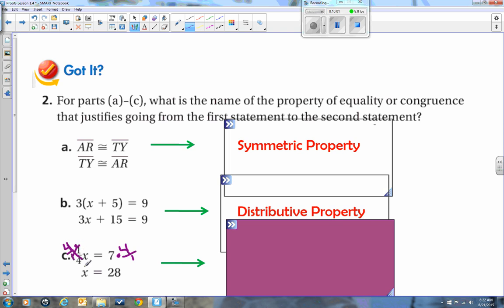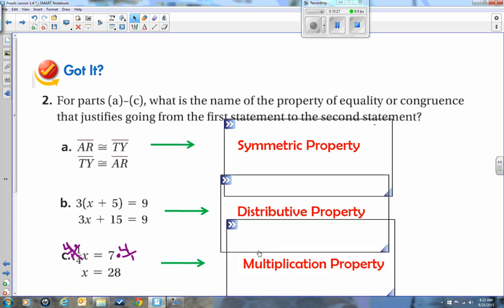These cancel and you get 1x. 7 times 4 over 1. 7 times 4 is 28. Divide by 1. 28. You can also look at this as, what is 4 divided by 1? Well, that's simply a 4. So 4 times 7 is 28. So, therefore, what did I do there? I multiplied both sides. So what property? You know it. Multiplication property.